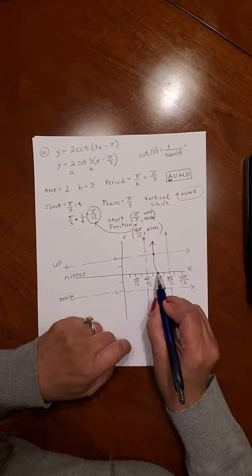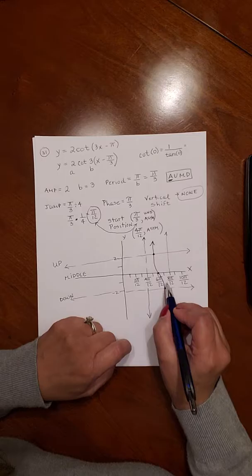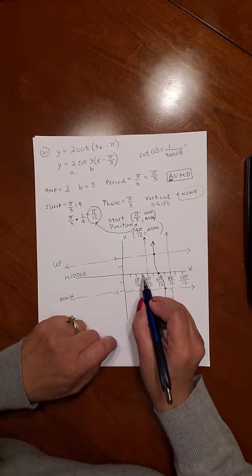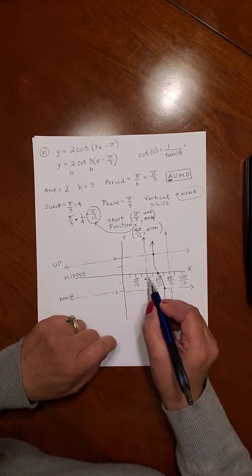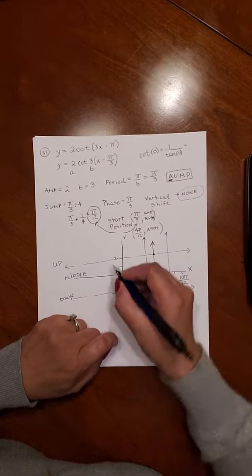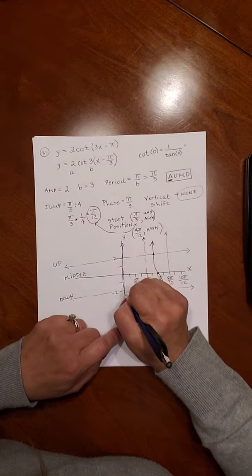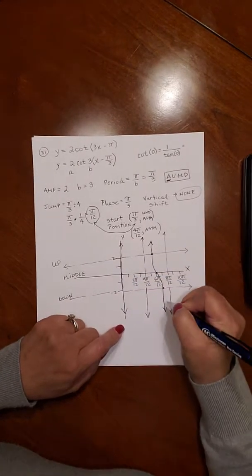This is actually 1/12, 2/12, 3/12, 4/12. So by the time you drop your next asymptote, you're also going to want to move 4/12. So 1/12, 2/12, 3/12, 4/12. So this y-axis is actually the next asymptote as we go to the left.